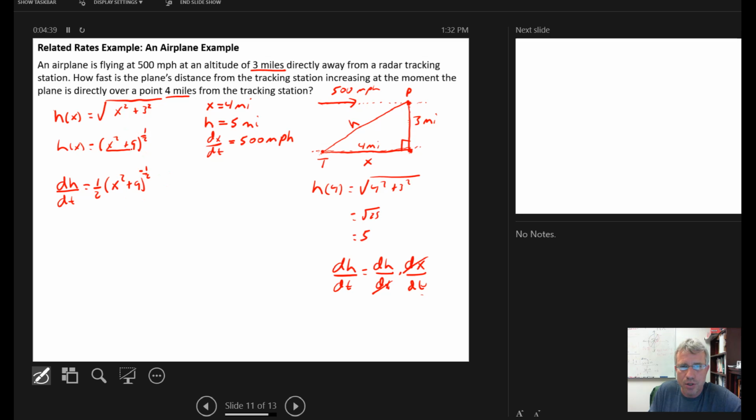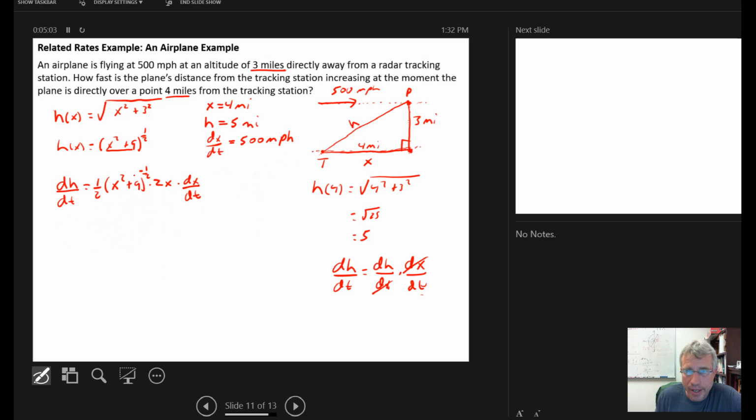Now I have a function inside of the square root function, so the chain rule says take the derivative of the inside function, which is 2x. So this piece here is my dh/dx, and I need to multiply that by dx/dt. There's the implicit differentiation piece, to get my dh/dt.